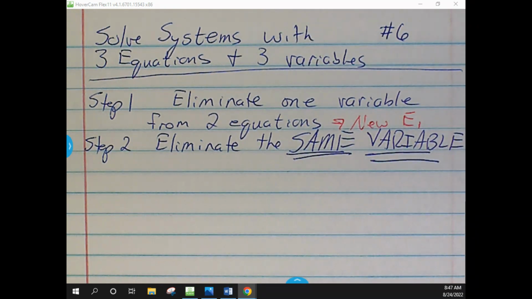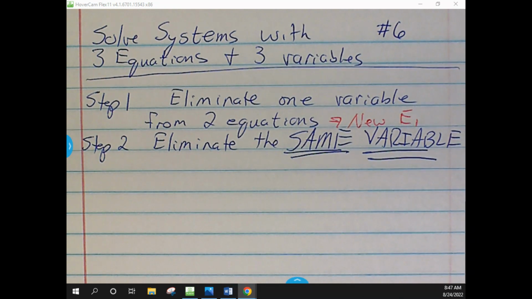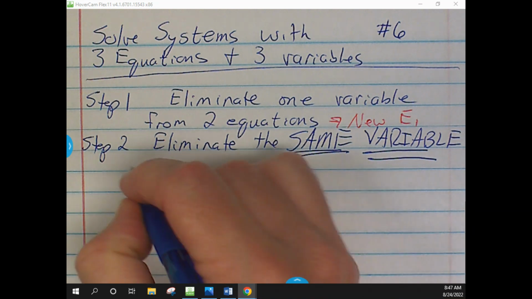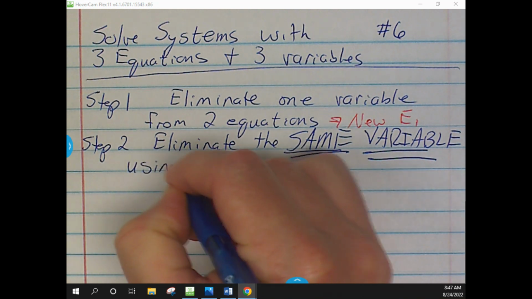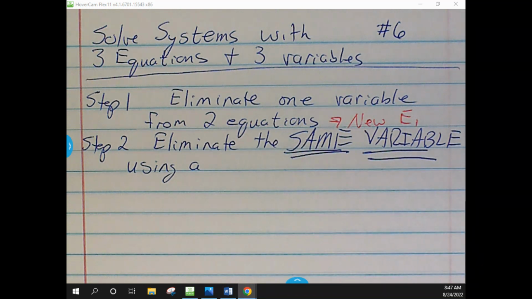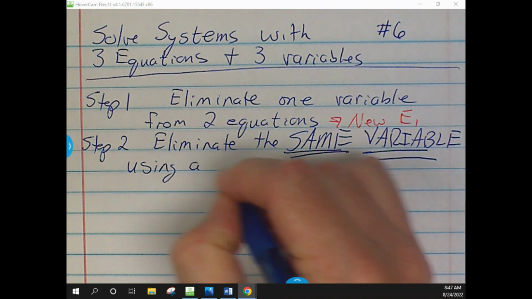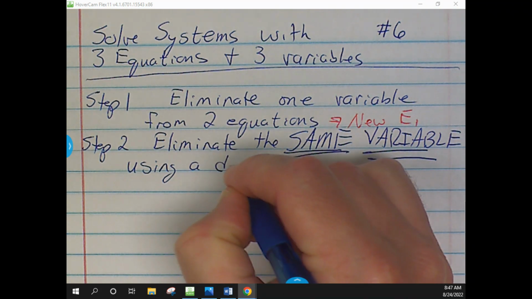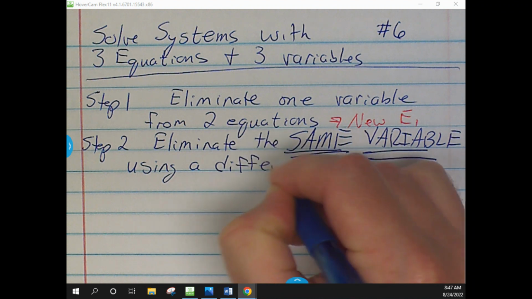And that's the key thing. It's got to be the same variable that you did from step 1. And this time you're using a different equation, or we'll say a different pair of equations.